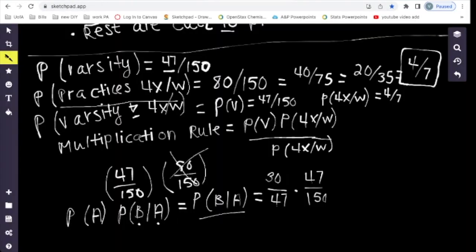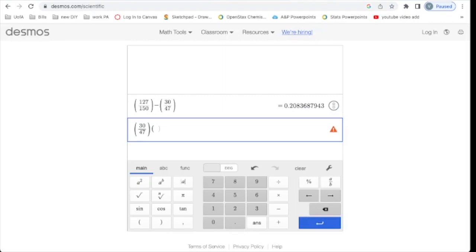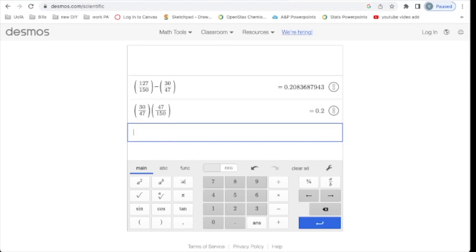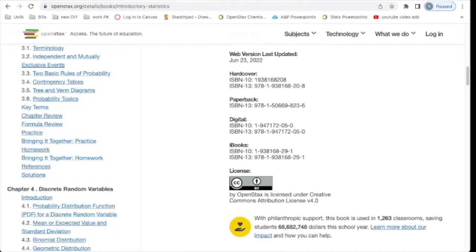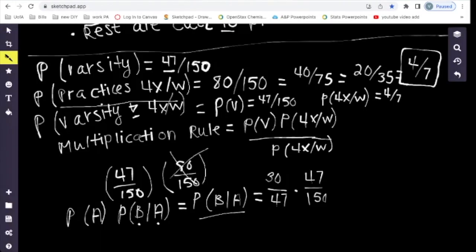B given A, 47 over 150. And we get 0.2, or you can change it into a fraction, 1/5. So we should have gotten 1/5 as our answer.